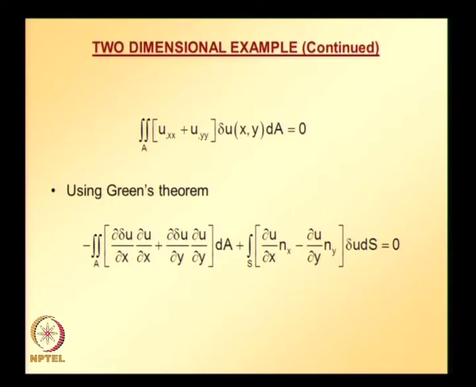So, this second integral which needs to be evaluated along S turns out to be 0 along C1, C3 and C4. So, we need to evaluate that integral only along C2.